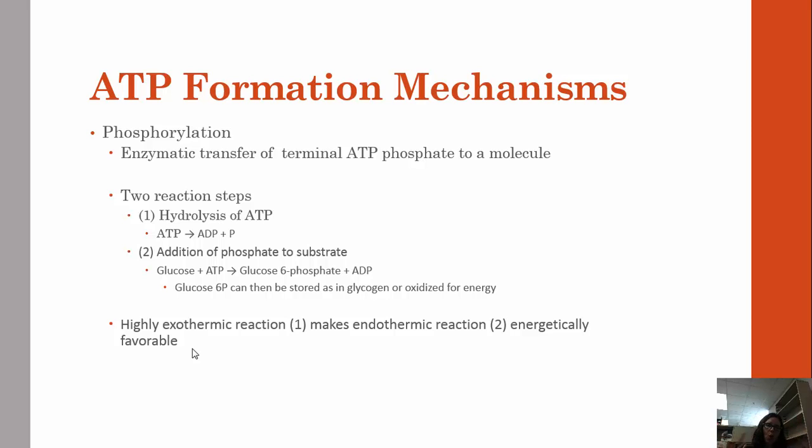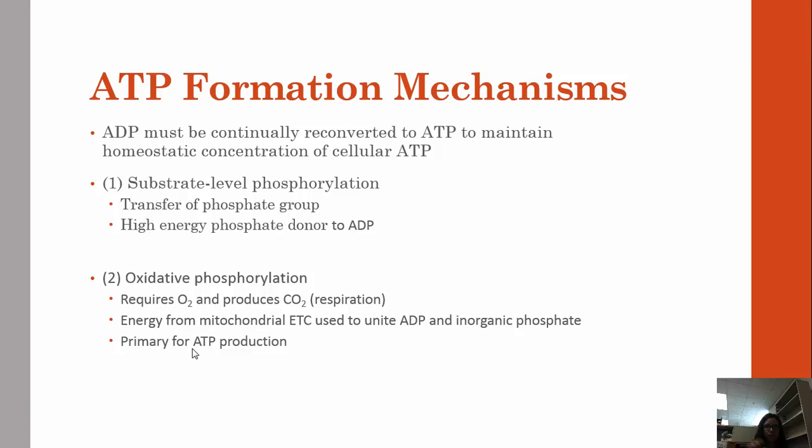And because this is so highly exothermic, it makes the coupled reactions that are endothermic, that is, those that require energy, energetically favorable. Because when you put them together, it's still exothermic. It's still a downhill reaction energetically. So we break up the ATP, and that makes it possible to add the phosphate onto the glucose, in this example, making a high energy bond. And this transfer of energy is highly energetically favorable. Okay.